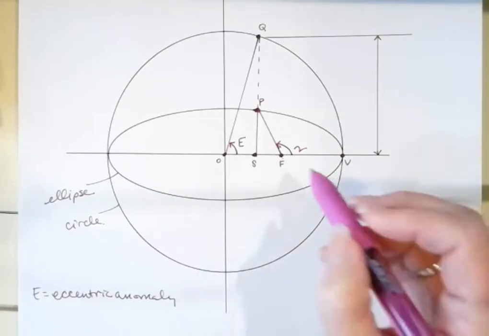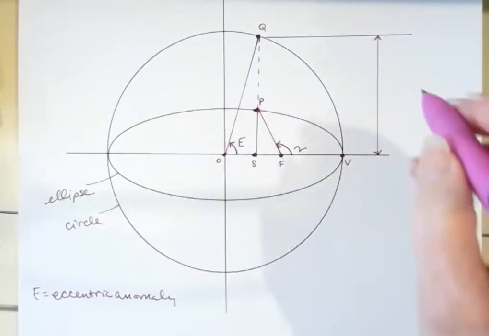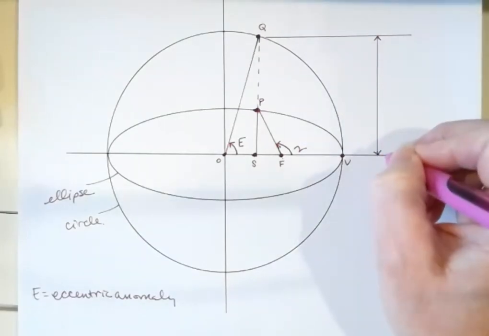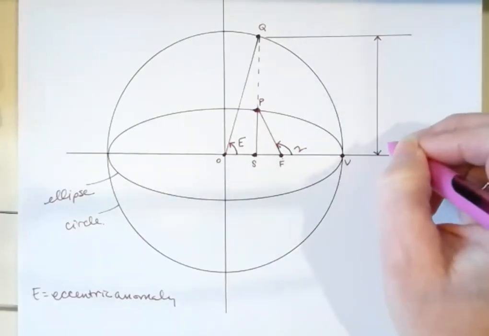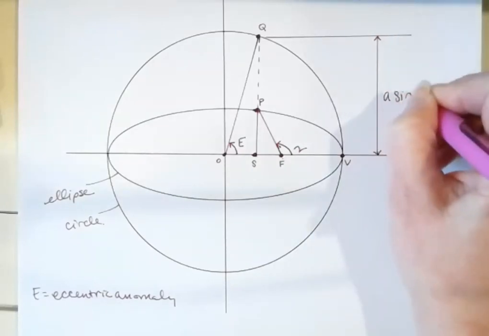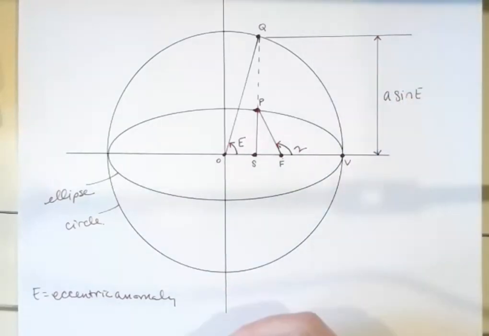Alright, so now we've got those two angles going on, and then I have this distance here labeled. So this distance right here is going to equal A times sine of the eccentric anomaly.